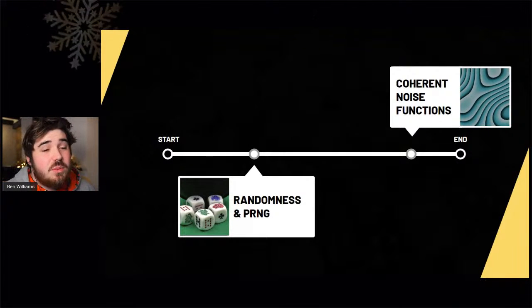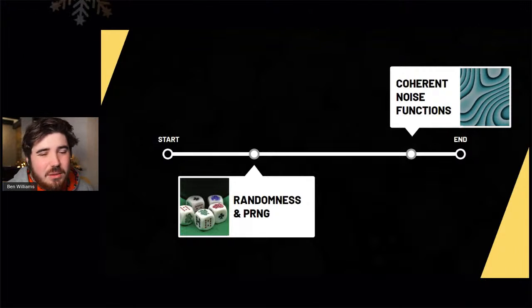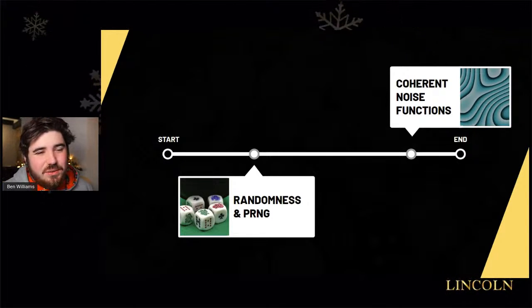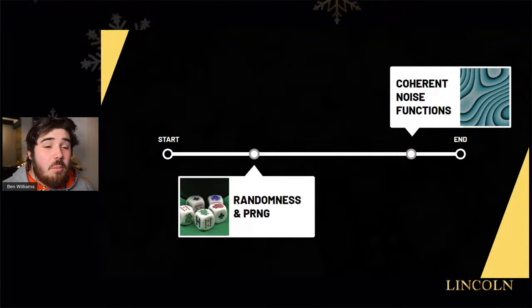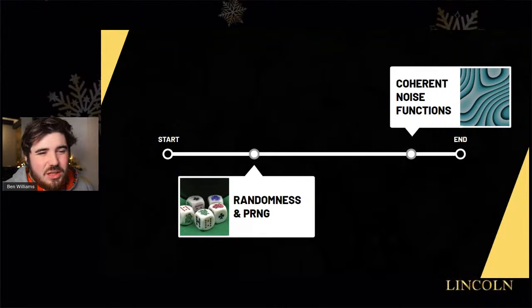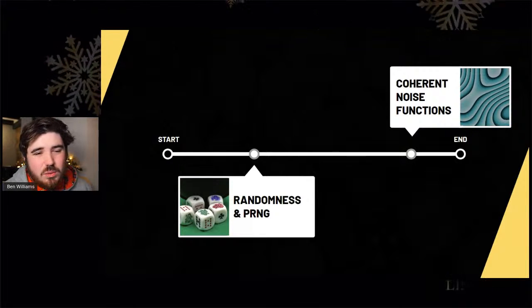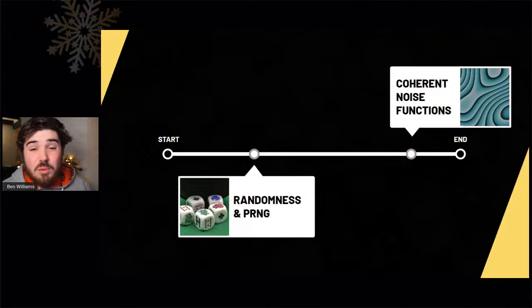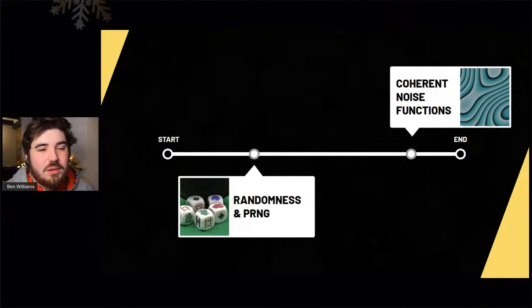At the end, however, we are going to talk about coherent noise functions. And I'm not going to go into much detail here because, firstly, it's not a full 60-minute talk, but also coherent noise functions are usually used for games development. I'd just like to signpost you in the direction of coherent noise functions. They're equally a really interesting category of random numbers.